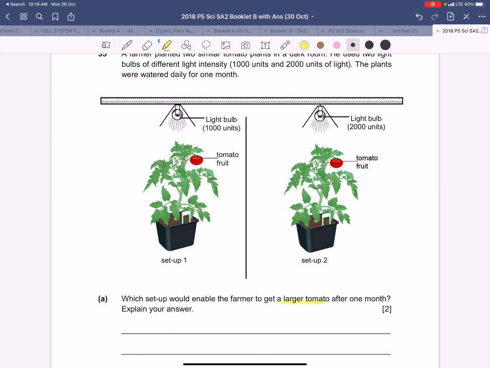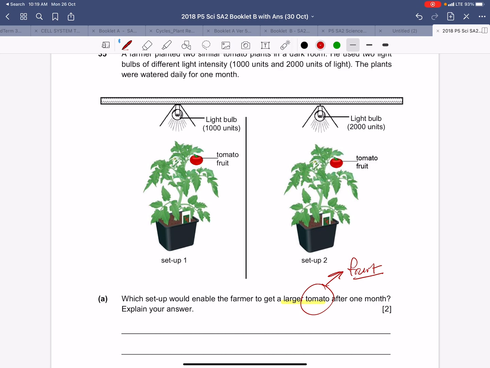Now, here's the thing. The key thing is that you're talking about tomato here. Your tomato is actually a fruit. So you need to recognize that fruits store sugar and they store starch.